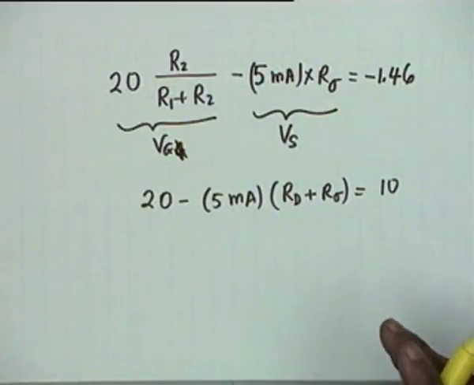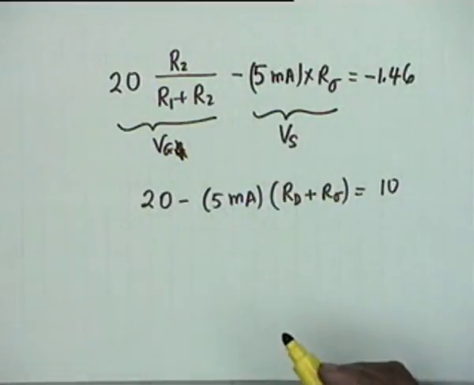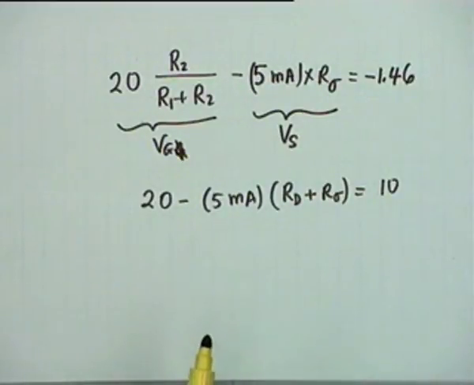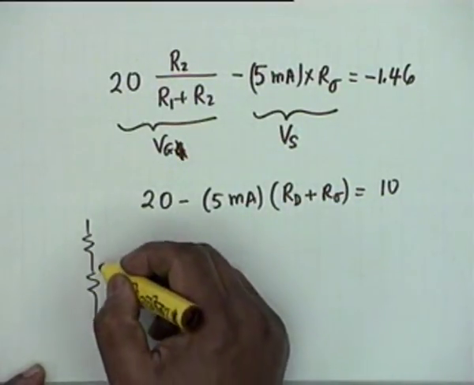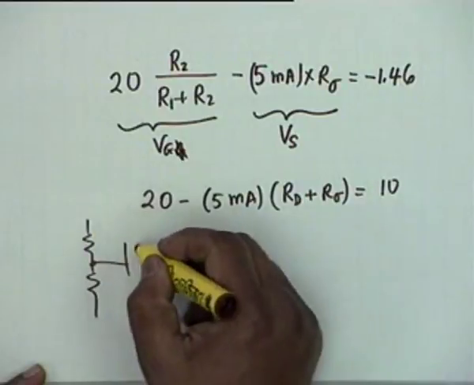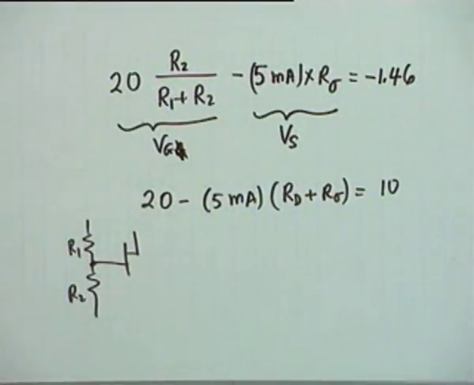Alright, these are the two equations that we have, from which we have to decide what our RD and R sigma, R1 and R2 should be. Agreed? Now one of the things that we can do is, since our gate is being supplied through a resistance combination, okay, R1 and R2, or is it the other way around?